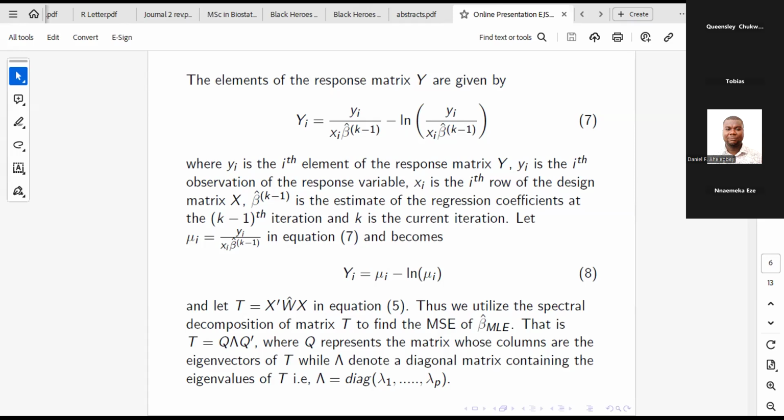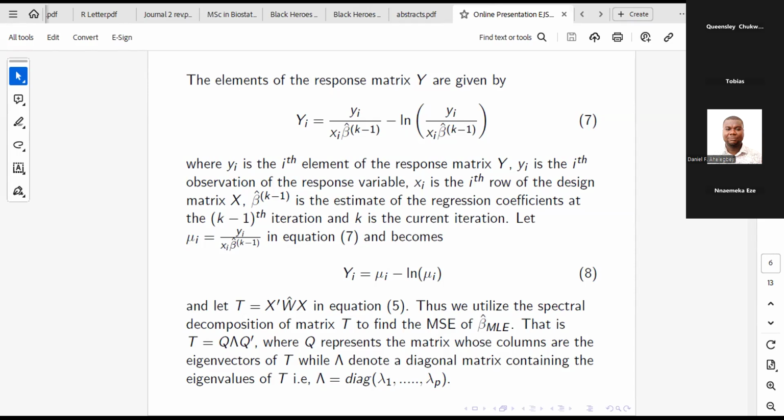And that would give us the process of iteration for that convergence. Then k would represent the current iteration.